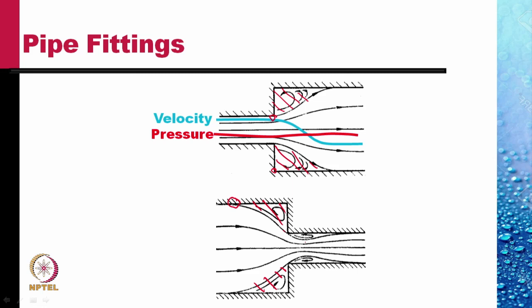All this results in head losses. This is the minimum cross section of the flow. It's called vena contracta in fluid mechanics. Pressure decreases because the velocity increases.